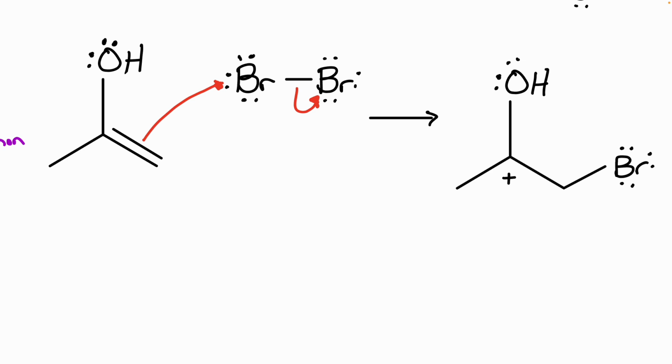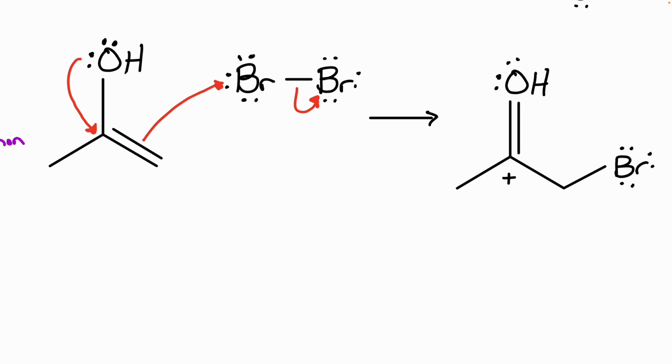Because again, if I look, I have this carbocation that's formed here. And again, a carbocation is very high energy because we have this incomplete octet. So the way to stabilize this would be to instead put that positive charge on that oxygen.